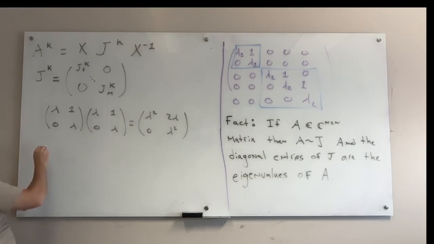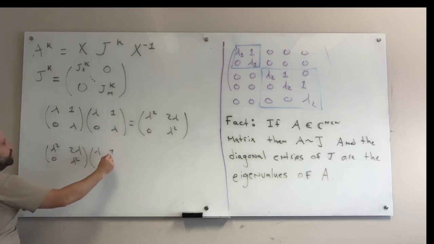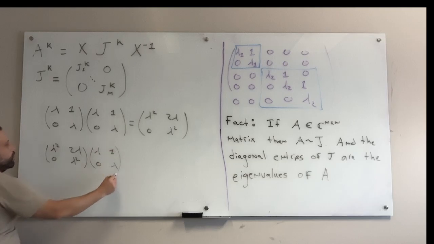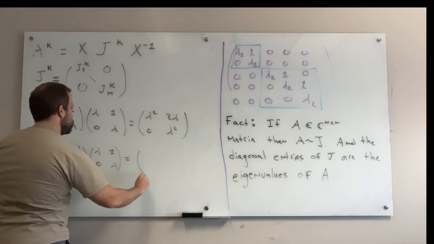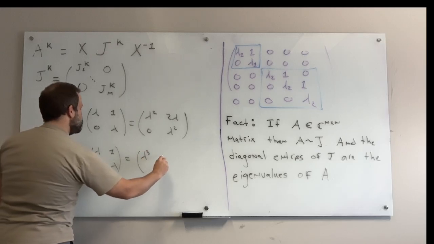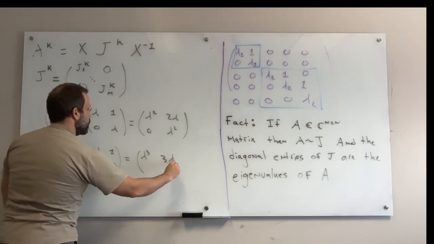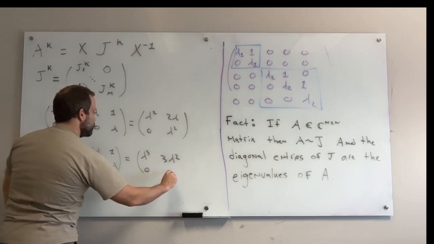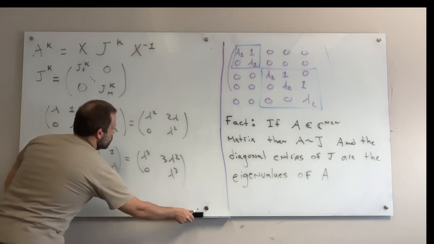So we're going to multiply lambda squared, 2 lambda, 0, lambda squared, times lambda, 1, 0, lambda. And when you do this, you're going to get lambda cubed, 3 lambda squared, 0, lambda cubed, like this.